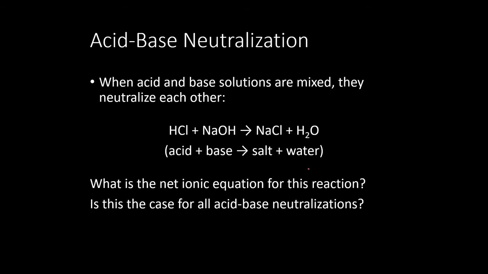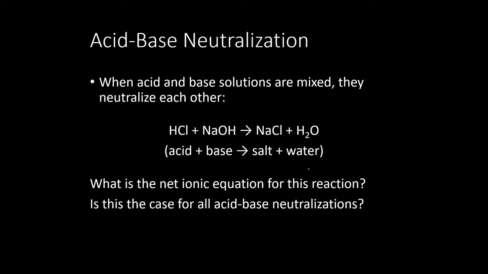When acids and bases react, and again specifically this type of acid and base, a strong acid with a strong base, what ends up happening is that the acid and base undergo what we call a neutralization reaction. They neutralize each other.